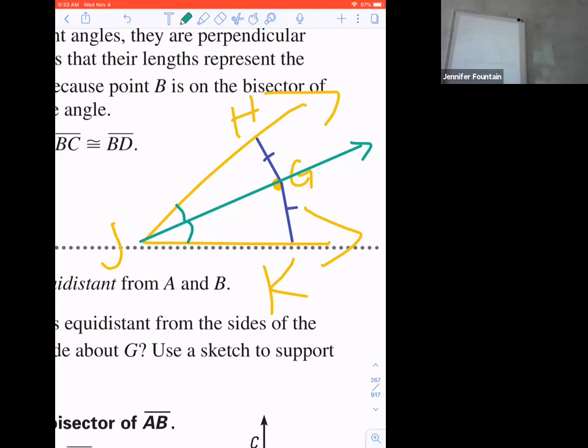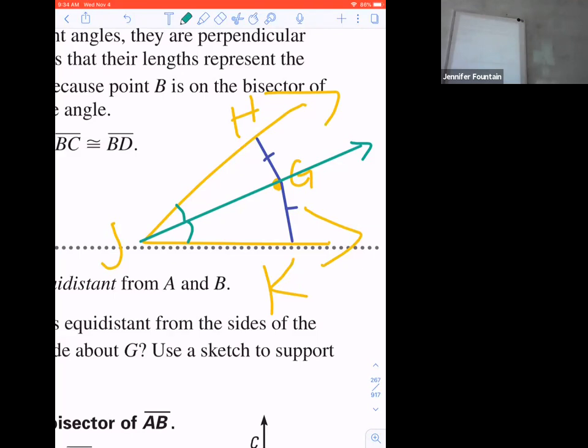I cannot assume. On this one, I could conclude by the reflexive property that it's congruent, so I had side, side, side. Here, they told me my hypotenuses were congruent, and I concluded by the reflexive property these are congruent. Can I tell that those two are congruent? Nope.